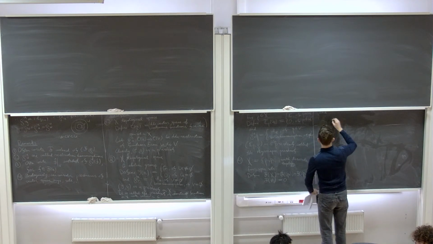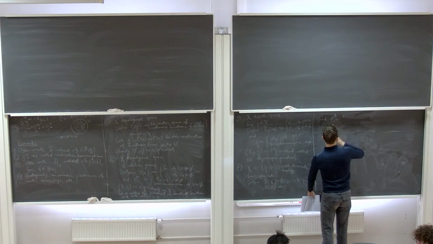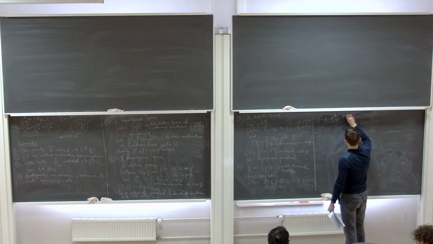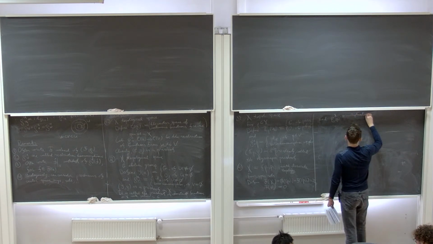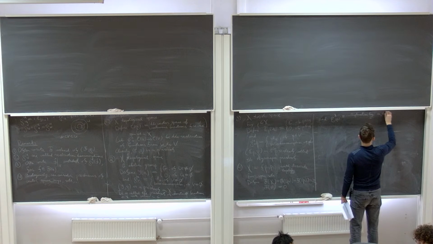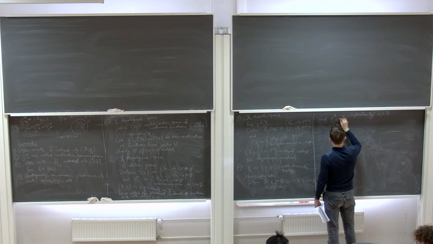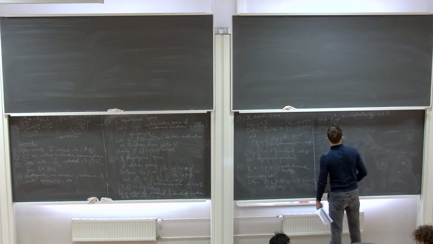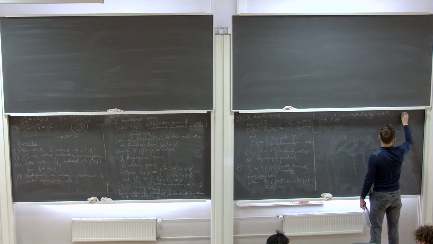So rho from X to Pi is multiplication by some number a_i, where i equals 1 or 2.